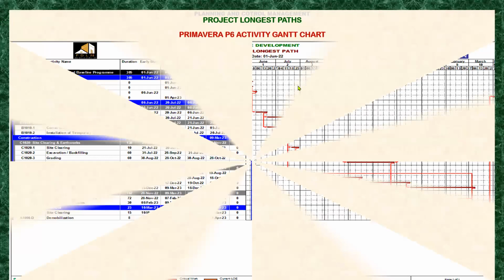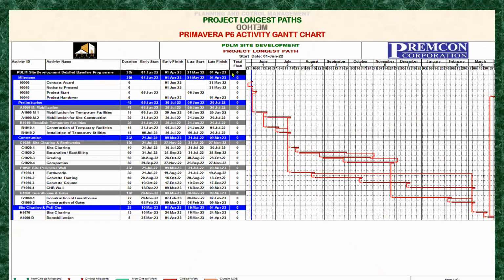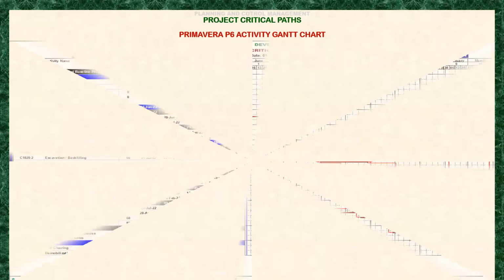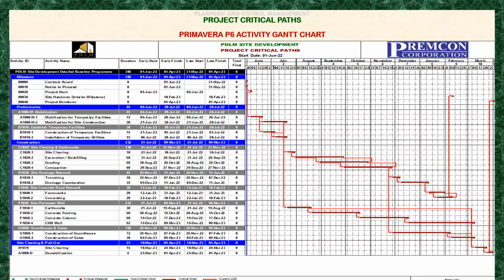Here it is, and the method here is Primavera P6 activity Gantt chart also. Next is project critical path. Here we go, and the method we use is Primavera P6 activity Gantt chart also.